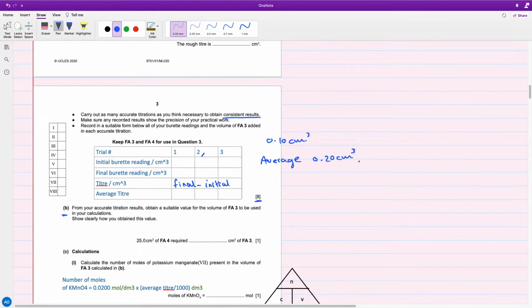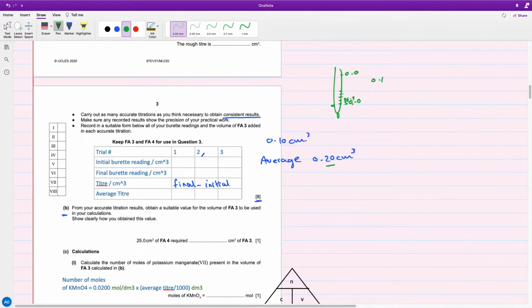Now the reason why we're taking it to 2 decimal places is something you guys also need to be aware of, and it's because the burette itself has these, okay, look, so it starts at 0.0, usually ends at 50.0, and it goes up by 0.1, right? So this would be like 49.9 and so on, right? But the thing is, there is space between each division, and you can assume that it's a 0.05.